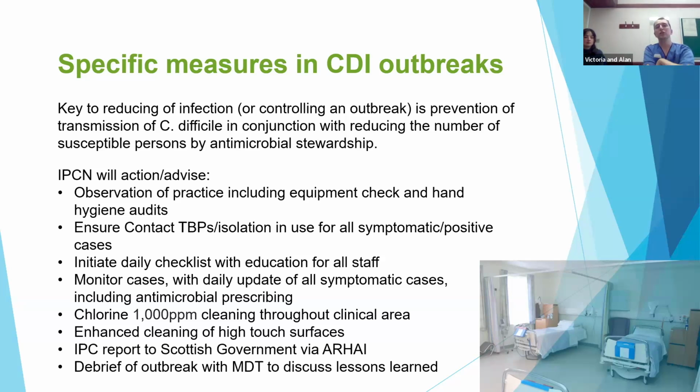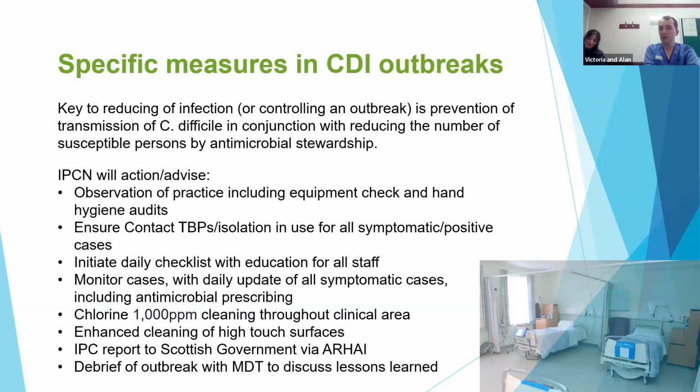We'll initiate a daily checklist, and that's just a reminder of all the things we've already advised, like your hand hygiene, use of PPE. We'll monitor the cases daily, and we'll look at antimicrobial prescribing, looking to see whether or not it matches the formulary. And we'll advise enhanced cleaning of high-touch surfaces with chlorine.